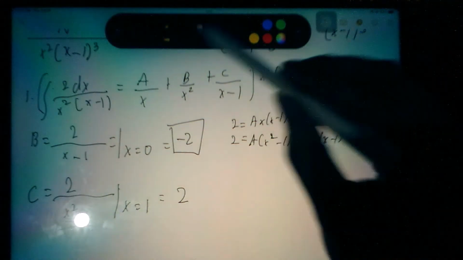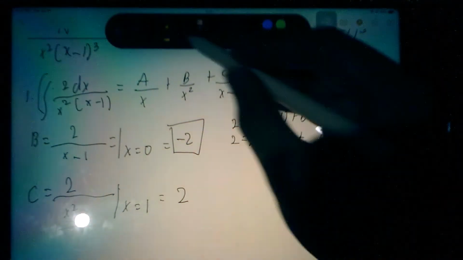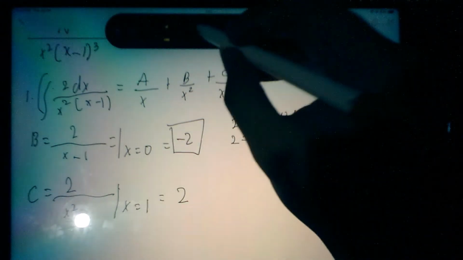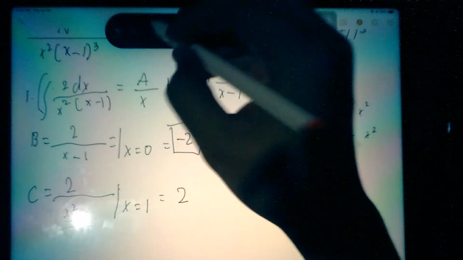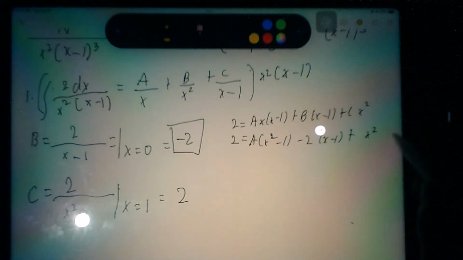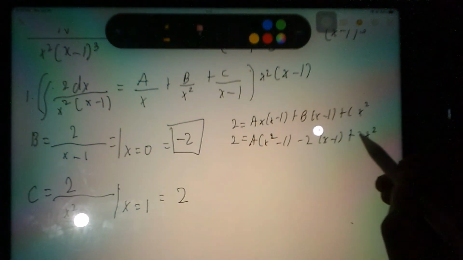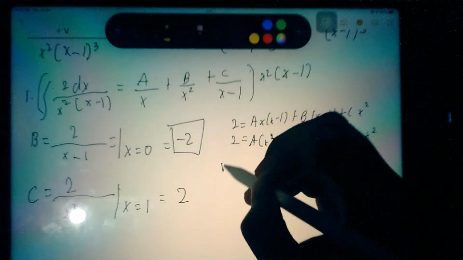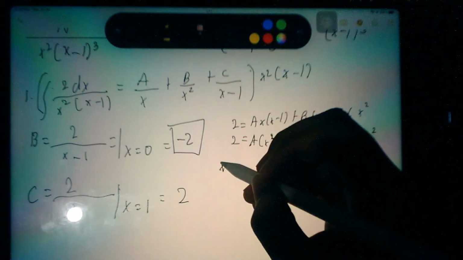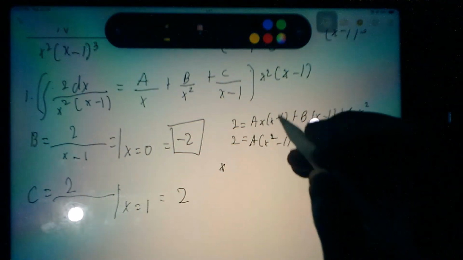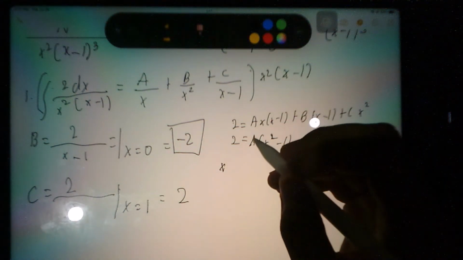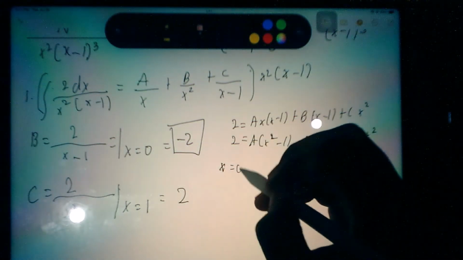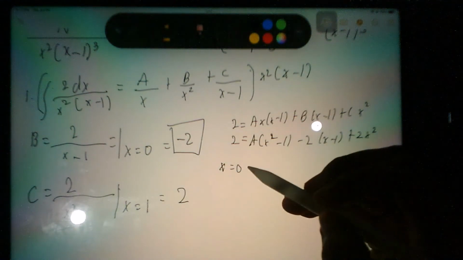Now, let's replace our b here and our c. Our b here is just negative 2, so this is minus 2, and our c here is just 2. Now we are ready to find our value a, which becomes x squared. Oh no, x, I mean x. So if x equals 0, our x here becomes also 0.